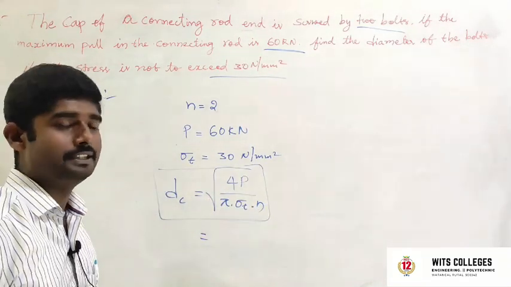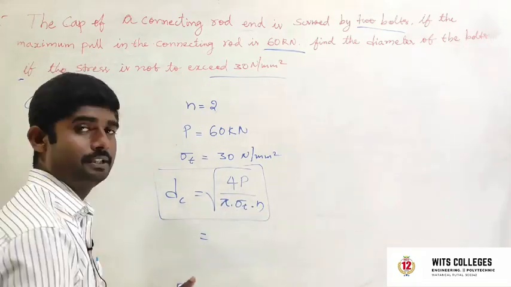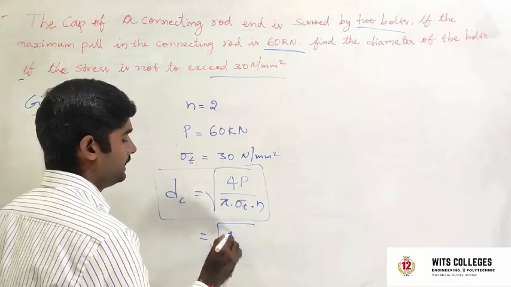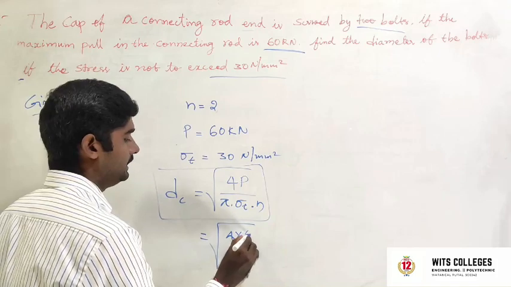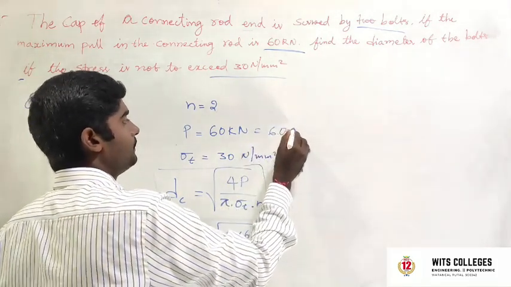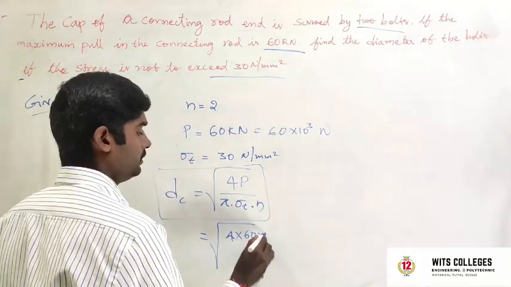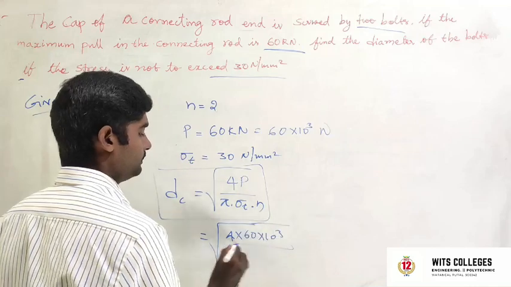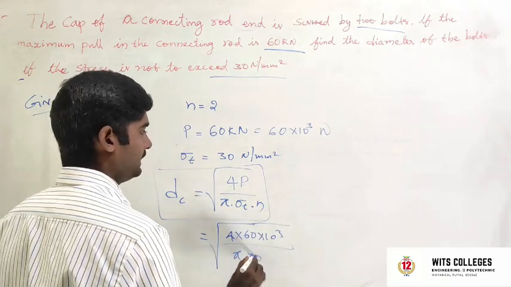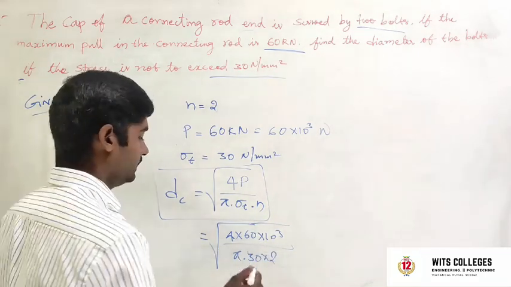DC is equal to under root 4 into P, 60 converted into newtons, 60 into 10 cube newtons, by pi into sigma T, 30, into n, the number of bolts, 2.